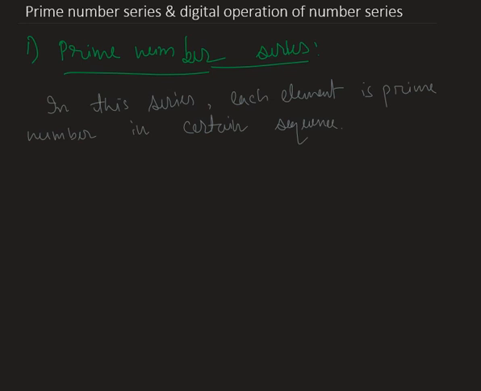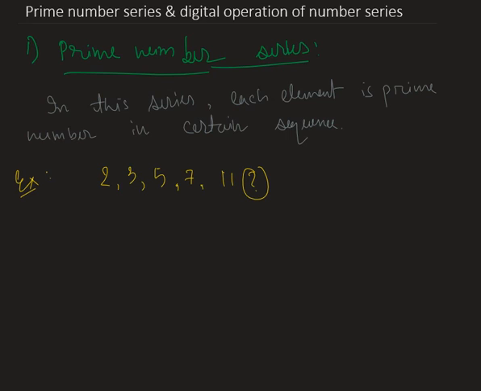Okay. Now try one example to understand this more properly. Suppose we are given one series that is 2, 3, 5, 7, 11, and we need to find the last one.